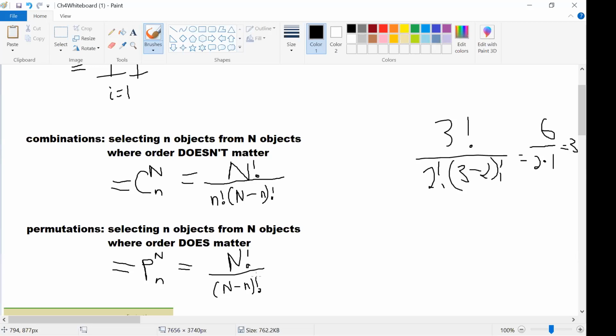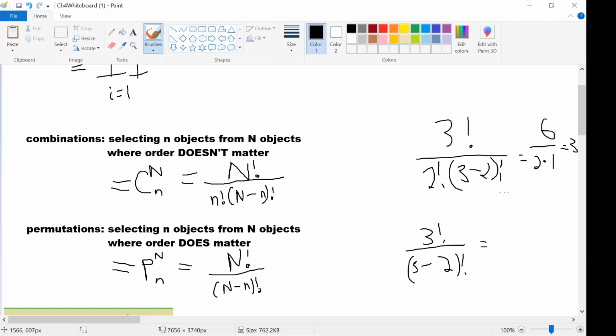So with the example of those 3 cards, we have the ace, king, and queen. Let's suppose that we want to pick 2, but we care about the order that we pick them in. So we have 3 total cards, so we have 3 factorial. And now we still have 3 cards, capital N, and we're choosing 2, so lowercase n is 2 factorial.